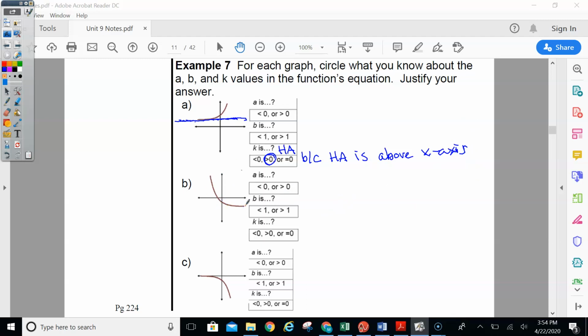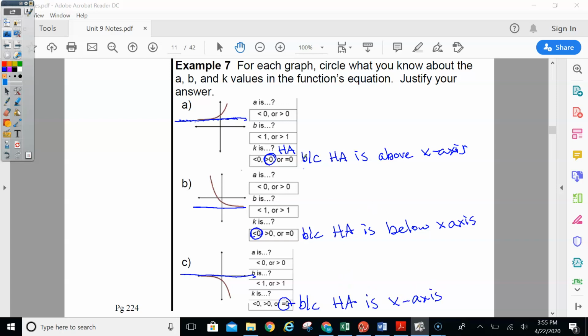Well, it goes flat here, which is below the x-axis. So this one's going to be a negative number because the horizontal asymptote is below the x-axis. And then the last one here, it flatlines on the x-axis. So K is 0 because the horizontal asymptote is the x-axis.